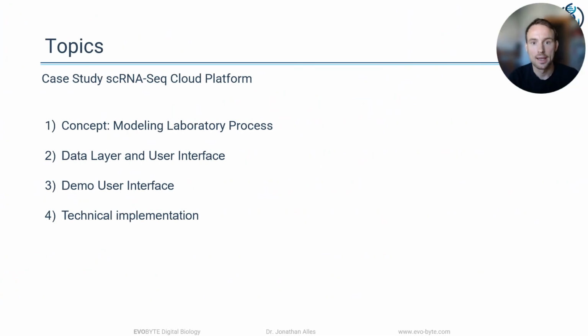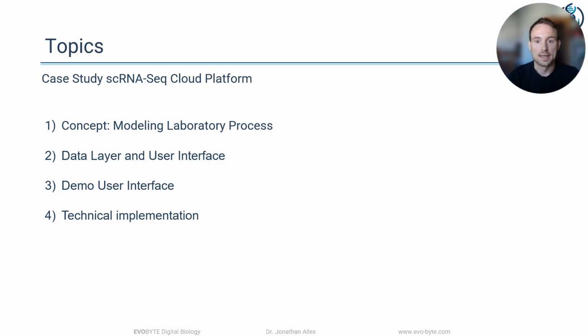So what can we expect today? We will have a look at a single-cell RNA-Seq laboratory process and try to get an idea of how we can model such a process and the data that are produced there into a process data layer to capture all important information.